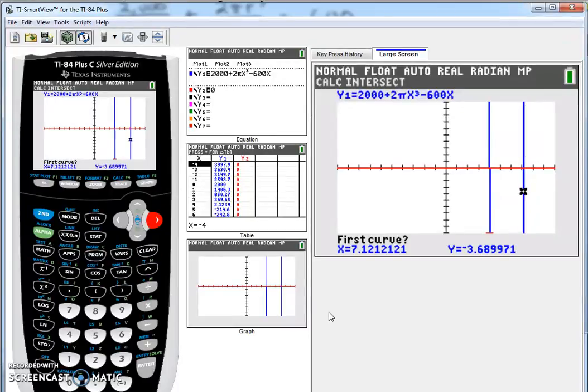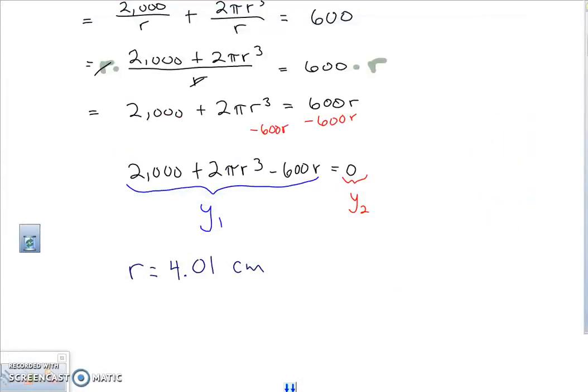So I'm going to hit enter for the first curve, enter again for the second curve, and then the third time to guess it. And there it is, 7.1315401. So approximately 7.13 centimeters.